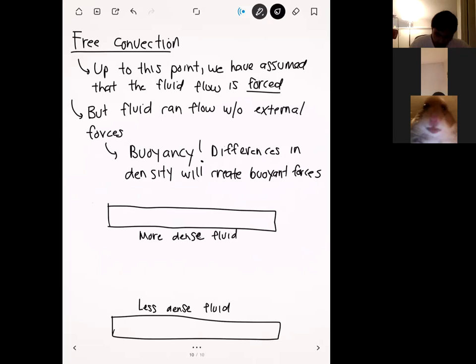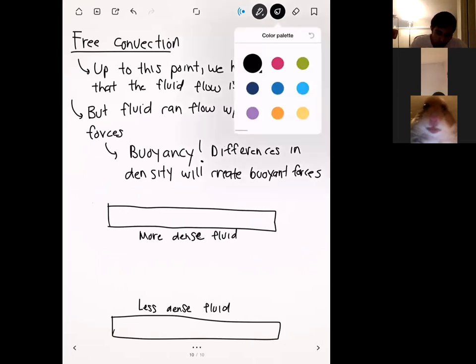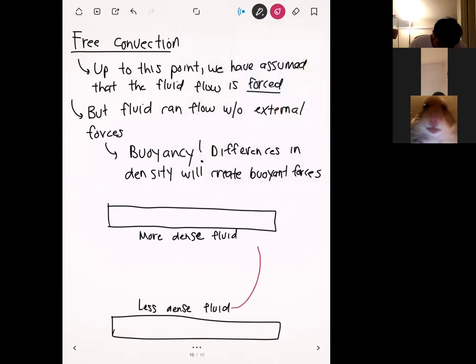What you should remember from fluid mechanics is that if you have a fluid that's less dense within a fluid that's more dense, that less dense fluid is going to rise up, and then the more dense fluid will fall down.